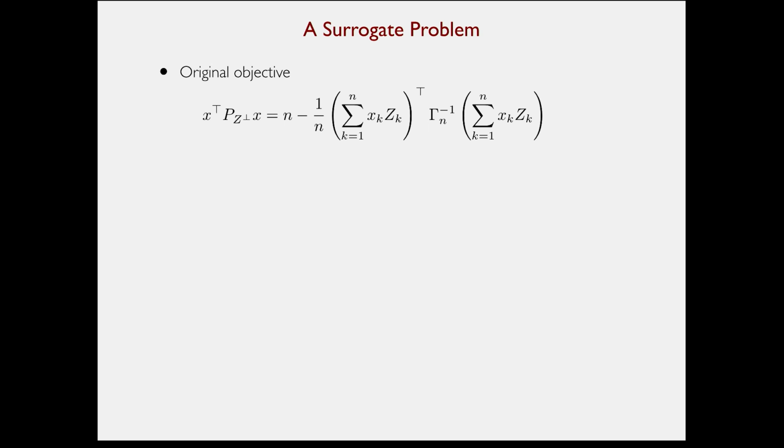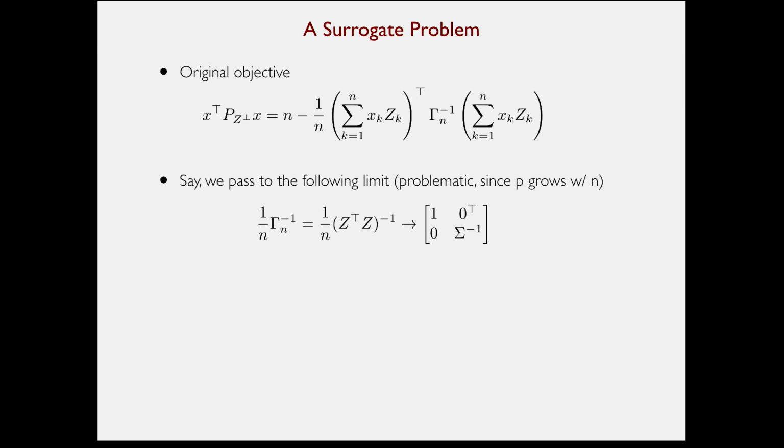The first step I'm going to make is heuristic for now, and I'll formalize it on the next slide, where I'll prove a theorem. Let's say we pass to the following limit: look at the empirical precision matrix over here and just replace it by its limit. Now this is problematic, because I want to consider settings where P actually grows with n, and I'm thinking in terms of the law of large numbers.